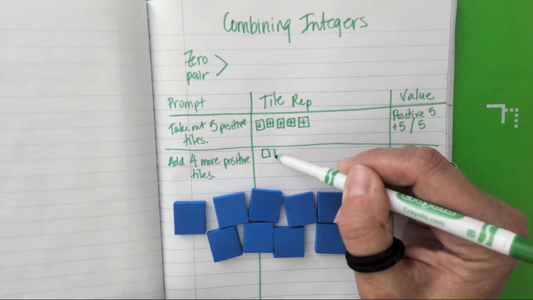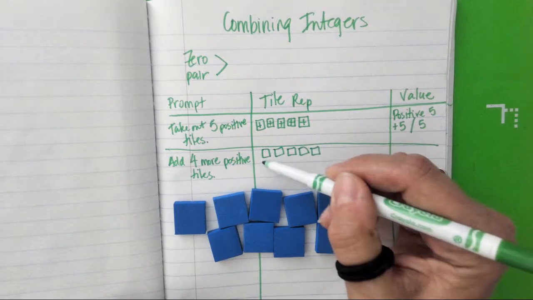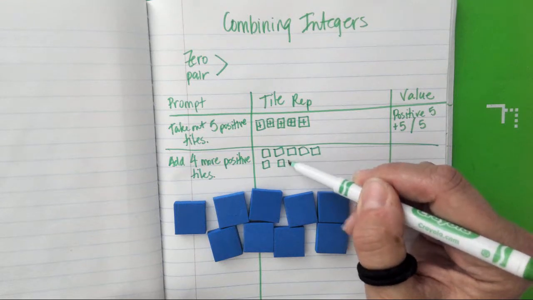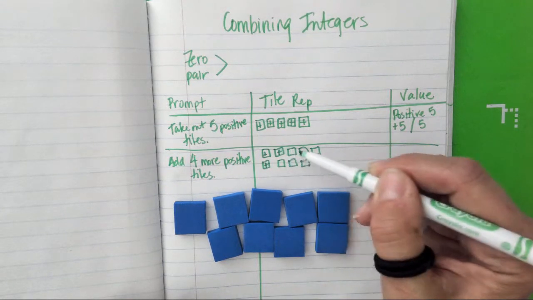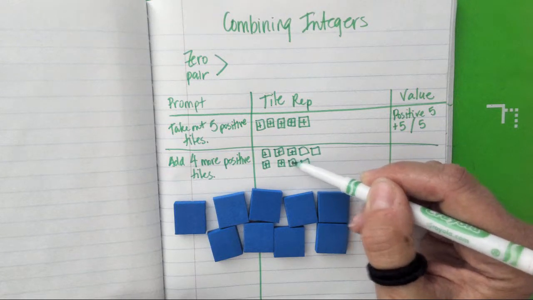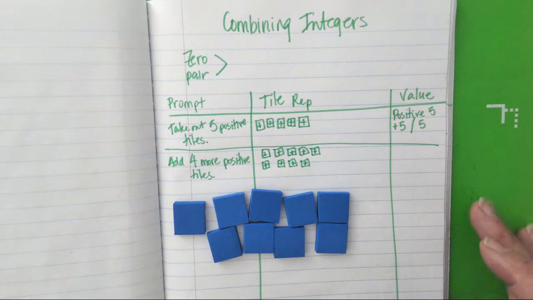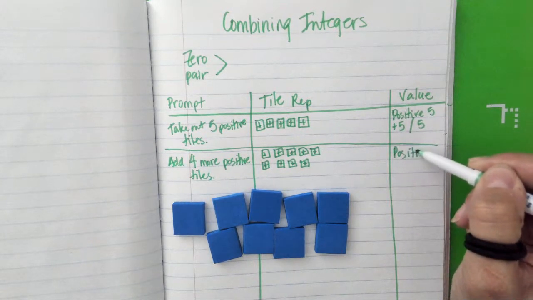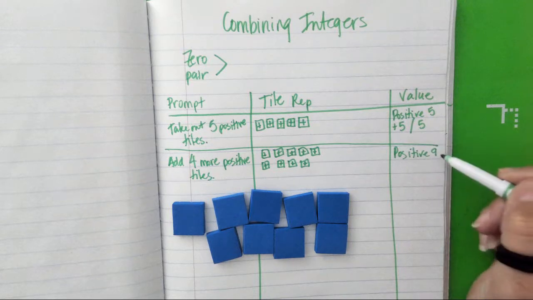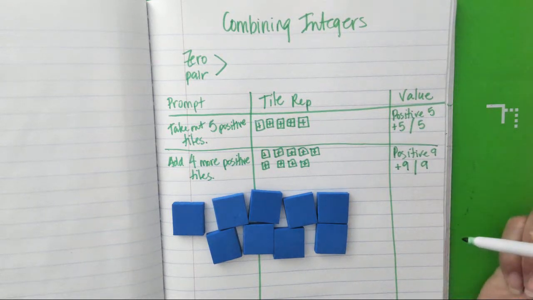So I got my first 5, and then I added 4 more, right? So what is the value I have now? Good job. Positive 9. Which can be written like this, or just a regular 9, right?